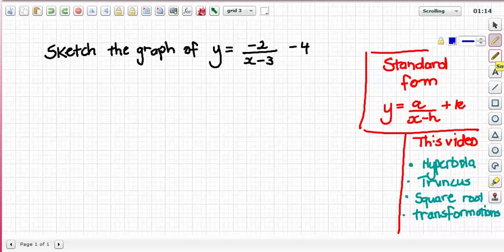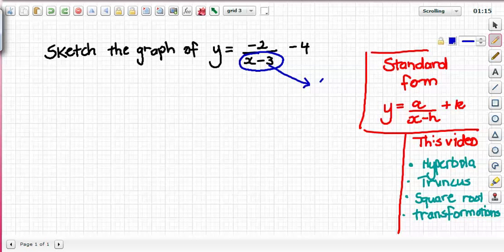First of all, you would have learned that this x minus h, in this case, h is 3, so we've got a transformation of 3 units in the x-axis in the positive direction. The way to remember that is, what value is going to give 0 on the bottom?